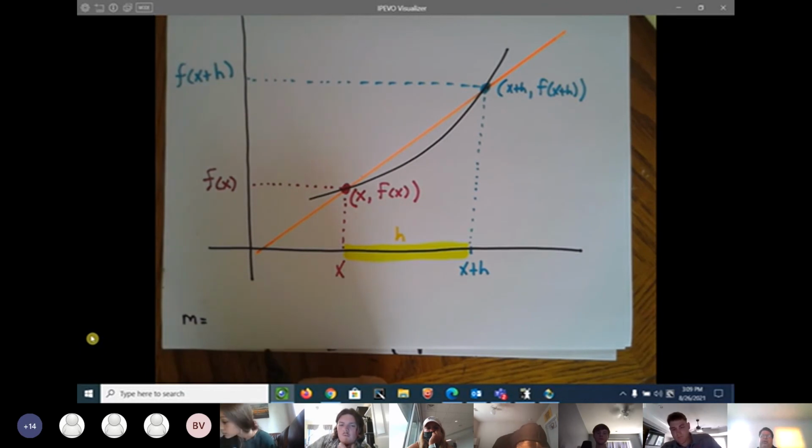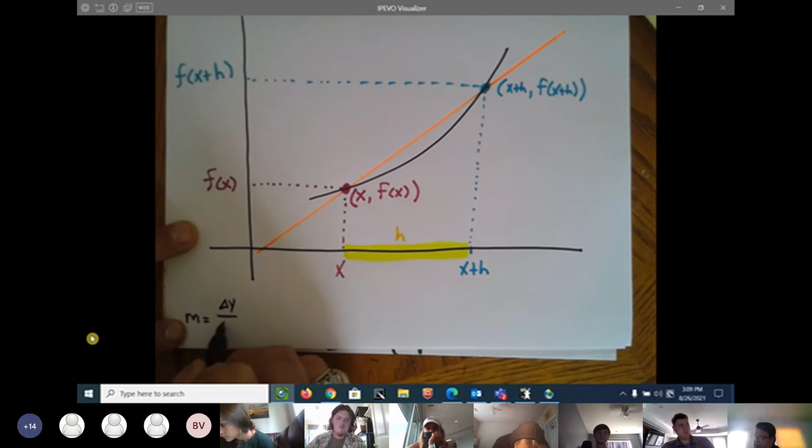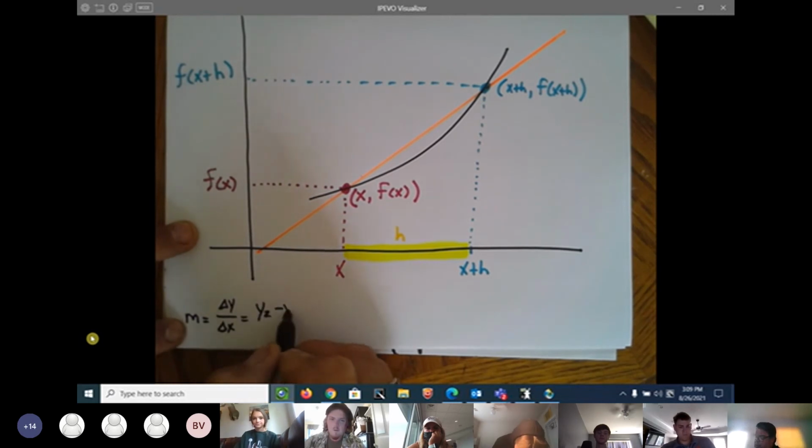How do you say that? Y2 minus Y1 over X2 minus X1. Is that backwards? Yeah, I think it's rise over run. Yeah, you're right. The change in y over the change in x. Y sub 2 minus y sub 1 over x sub 2 minus x sub 1.